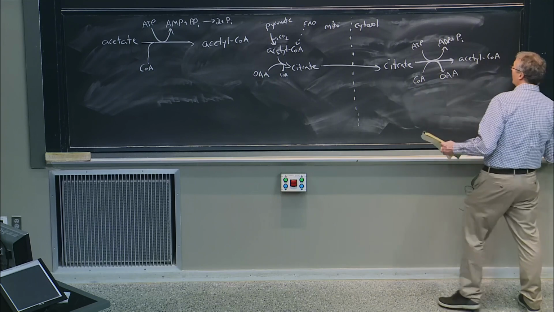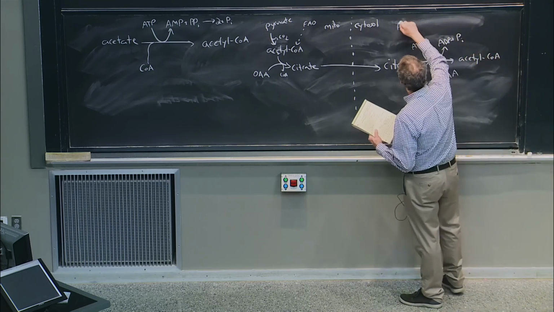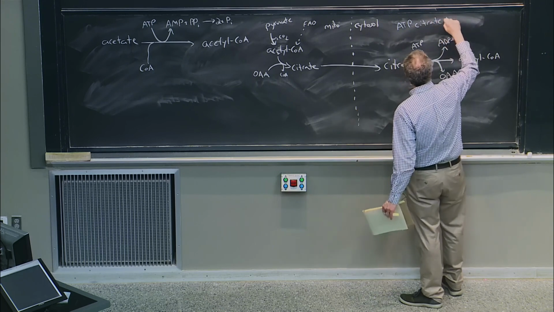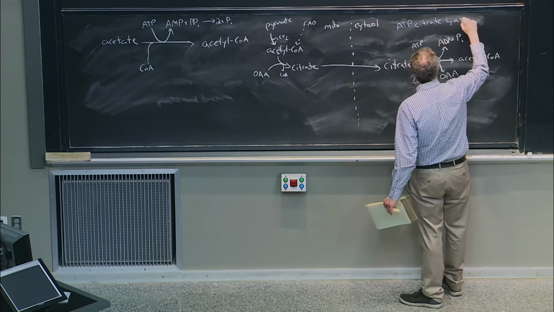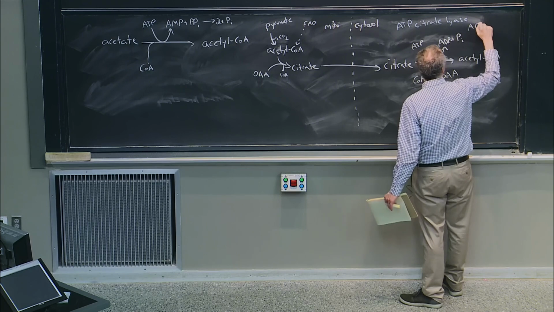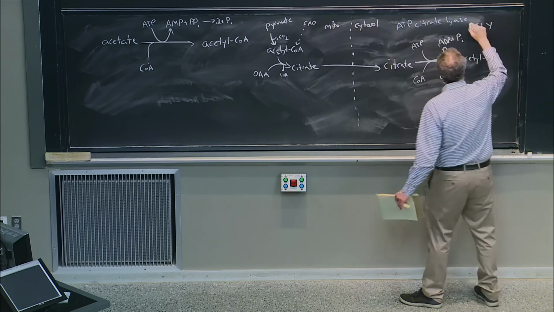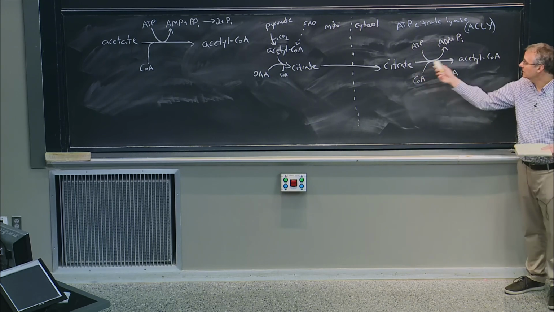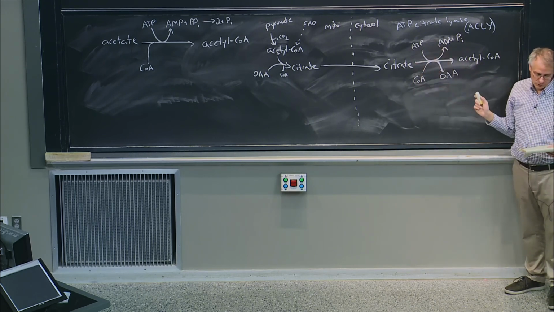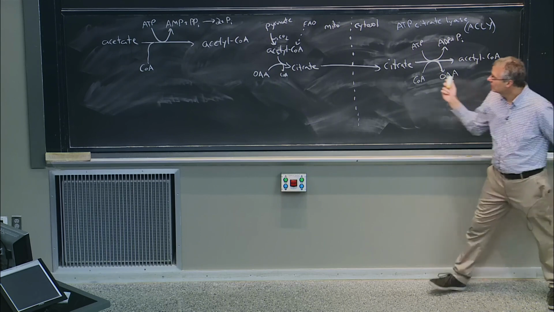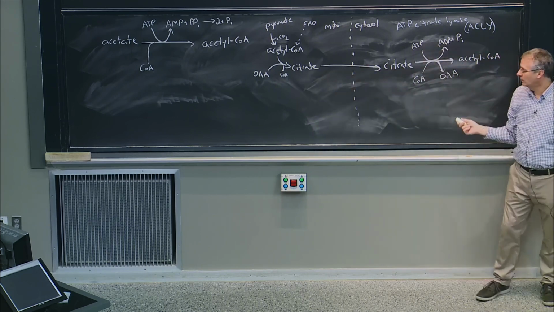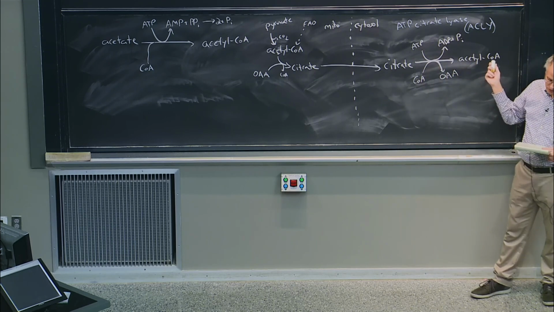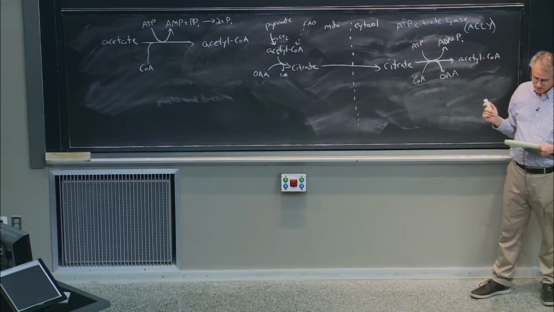And this is carried out by an enzyme called ATP citrate lyase, often abbreviated ACLY. So ATP citrate lyase allows you to basically reverse the citrate synthase reaction such that you can shuttle acetyl-CoA out of the mitochondria to the cytosol using citrate as a molecule.